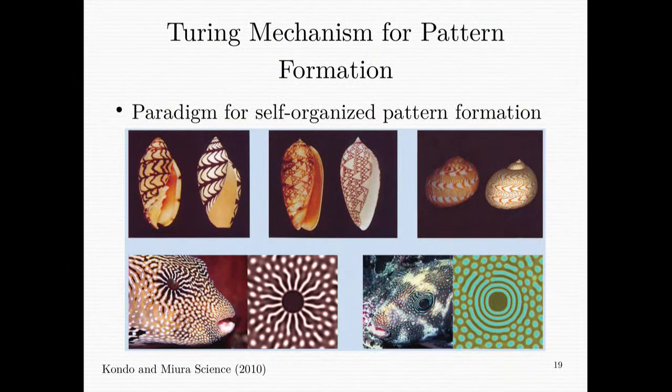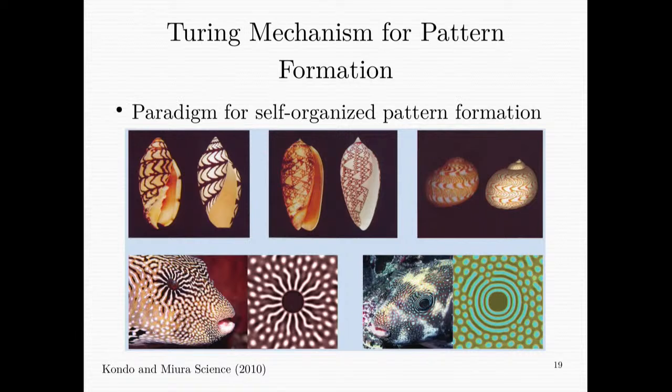Of course, the paradigm for spatial pattern formation, especially in developmental biology, is the Turing pattern, which was suggested 70 years back. With the figures I'm showing you, whether for seashells and fishes and so on, the left is the actual thing and the right is a computer simulation.